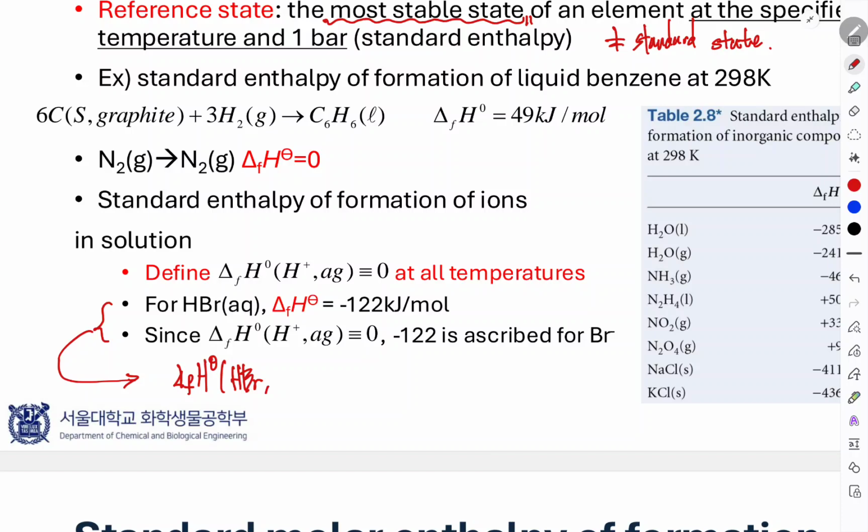But this value describes the bromide ion only, because as we defined, the formation enthalpy of the hydrogen ion is 0. So you can calculate the other ions using this definition of the hydrogen ion. So there are some examples of standard enthalpies of formation like this.